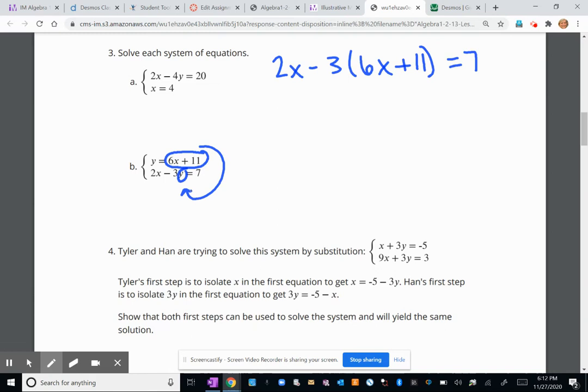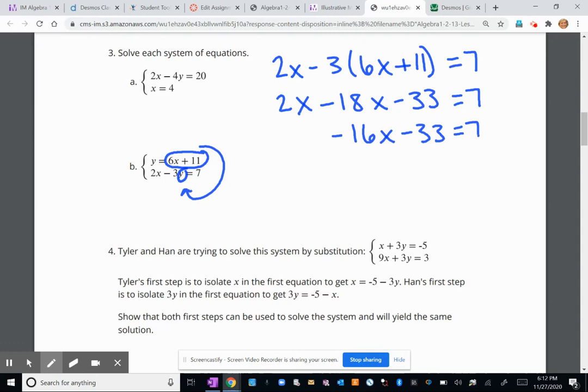Now there's just a bunch of cleaning up to do to solve. So 2x minus 3 times 6x is minus 18x. And then negative 3 times 11 is minus 33 equals 7. 2x minus 18x is negative 16x minus 33 equals 7.